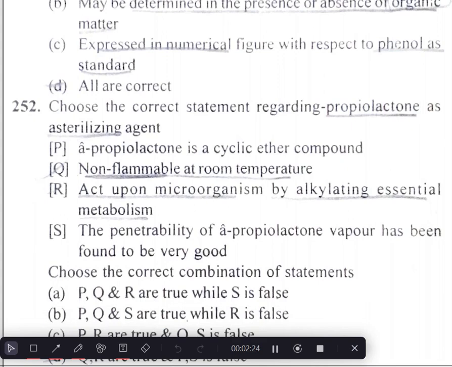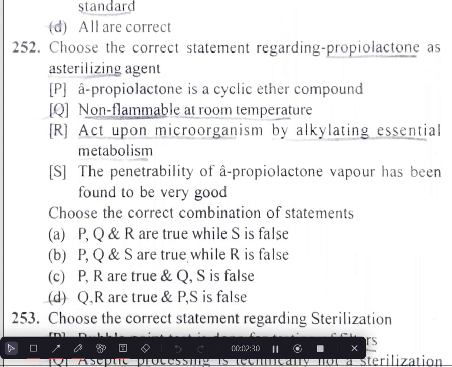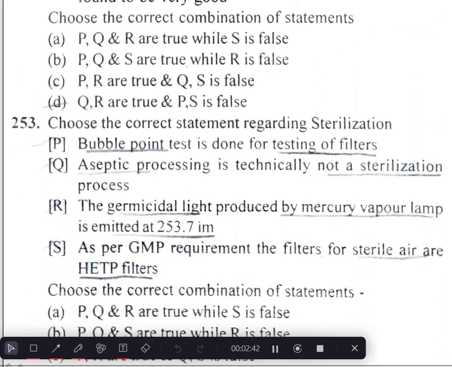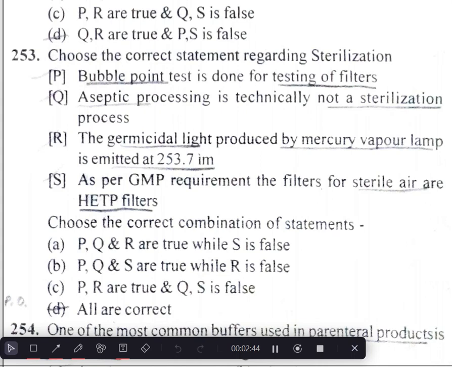Choose the correct statement regarding propiolactone as a sterilizing agent. The correct statement is that it is non-flammable at room temperature and acts upon microorganisms by alkylating essential metabolism. Choose the correct statement regarding sterilization.